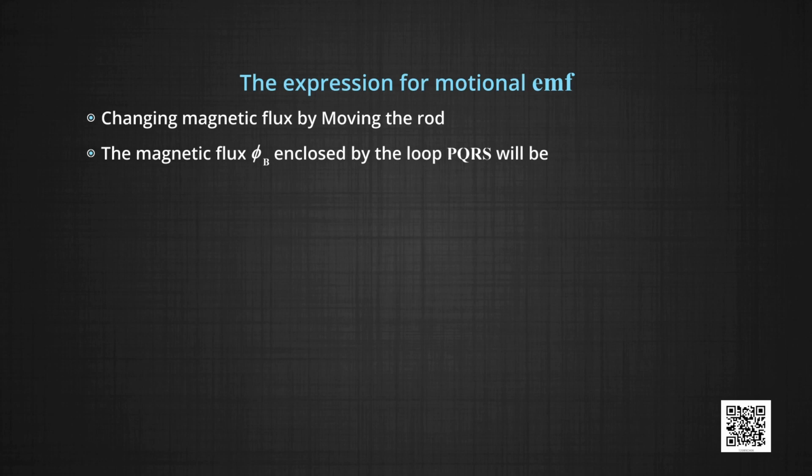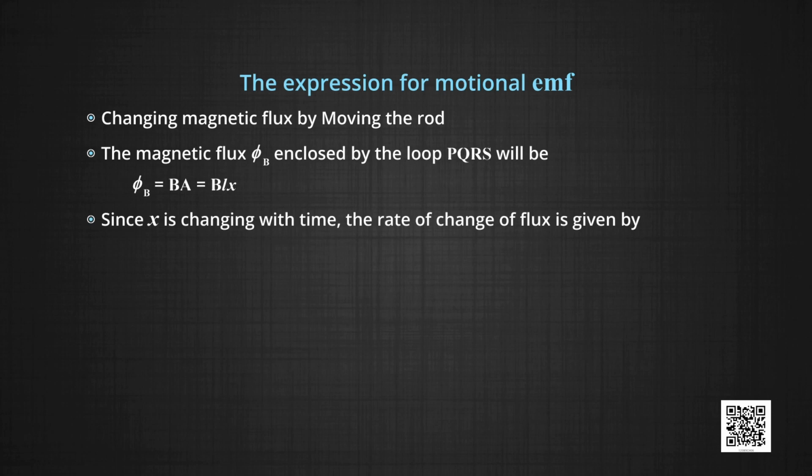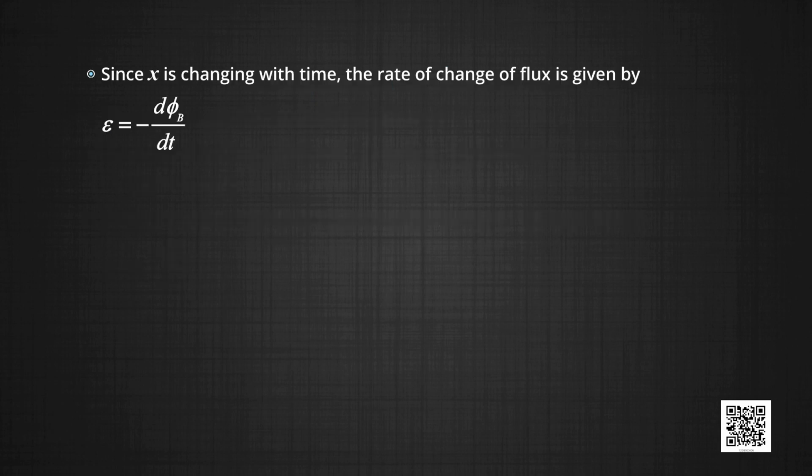The magnetic flux phi B enclosed by the loop PQRS will be equal to B into A, which is equal to B into L into X. Since X is changing with time, the rate of change of flux is given by EMF E equal to minus d phi B by dt, which will be equal to minus d over dt of B L X, equal to minus B L dx by dt.